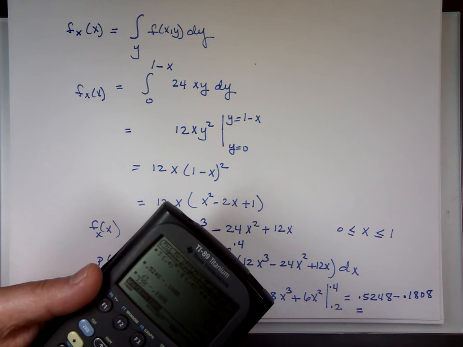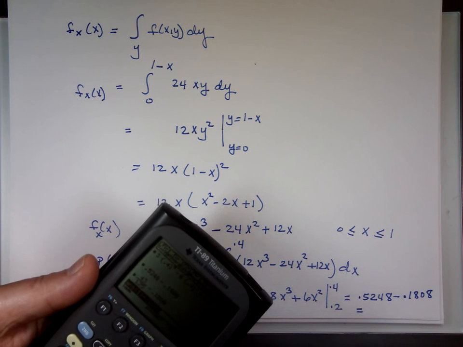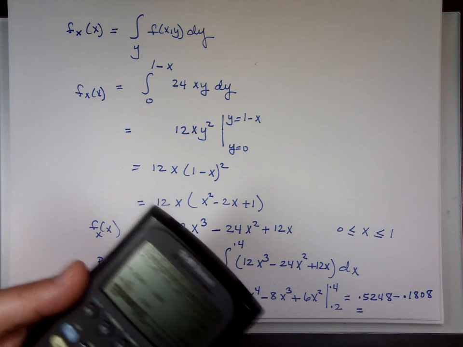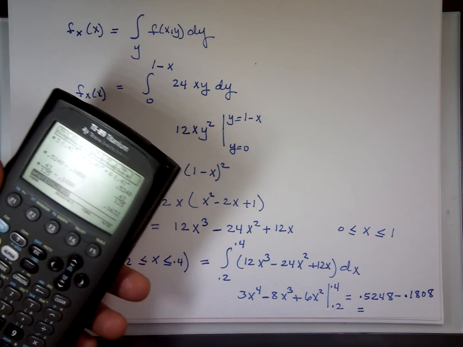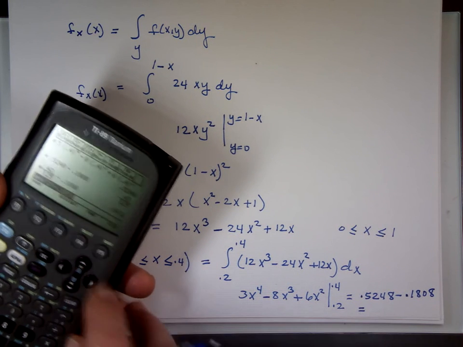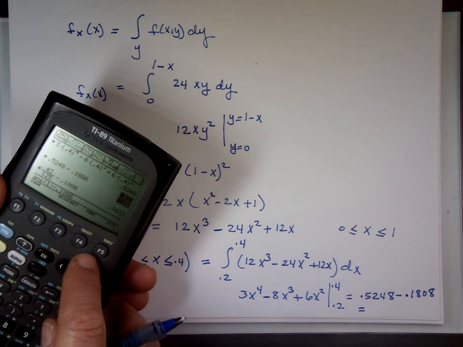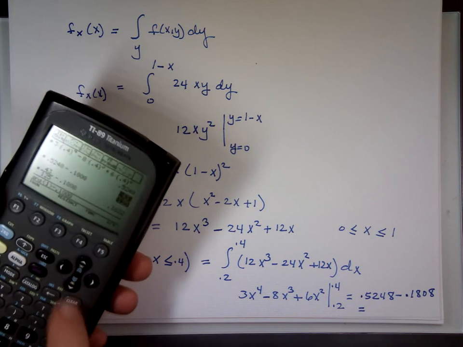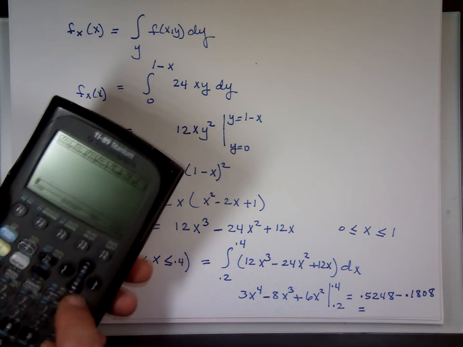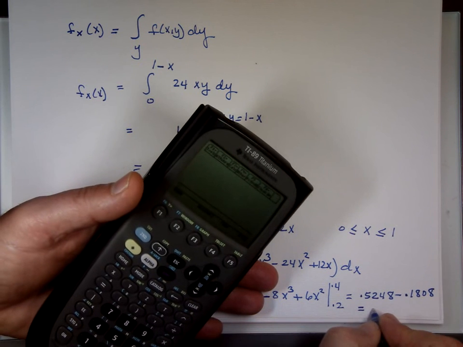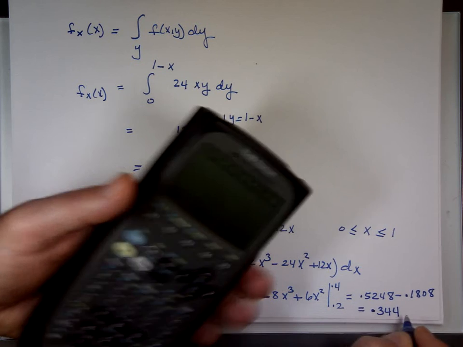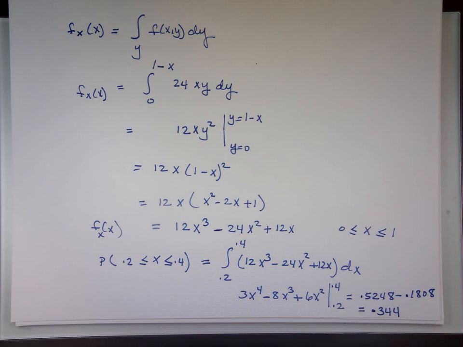I think you hit enter twice in the calculator. Oh, maybe. So it's 34.4. I'm really struggling with this calc. What was the number? 0.344. There's a 34% chance that the can will have between 0.2 to 0.4 pounds of almonds in it.